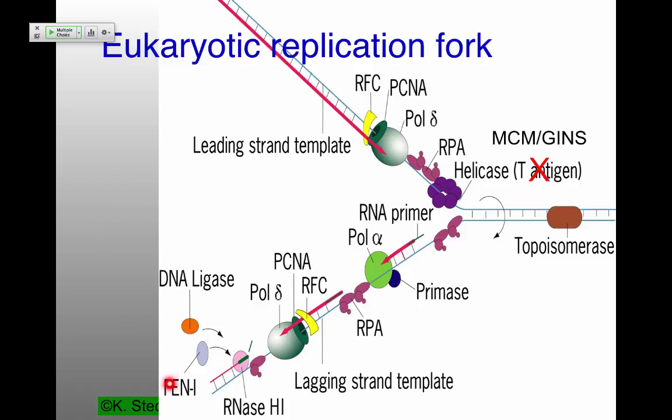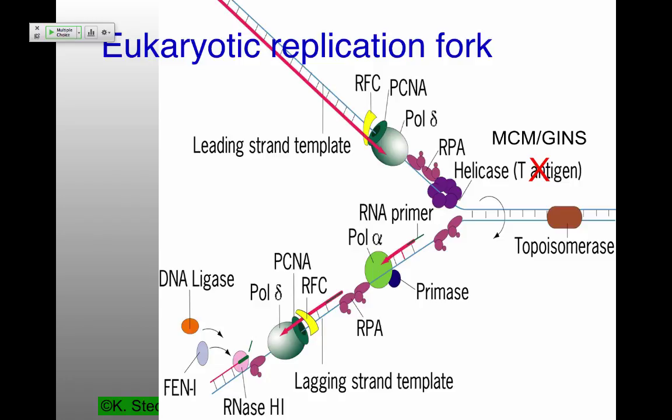But then there's this thing called Fen1. What's Fen1? Fen1 is the flap endonuclease. So what's a flap? A flap is that RNA which has gotten peeled off by the replicative polymerase, which is coming along and making DNA. So you have a flap of RNA. This flap of RNA gets cut off by an endonuclease.